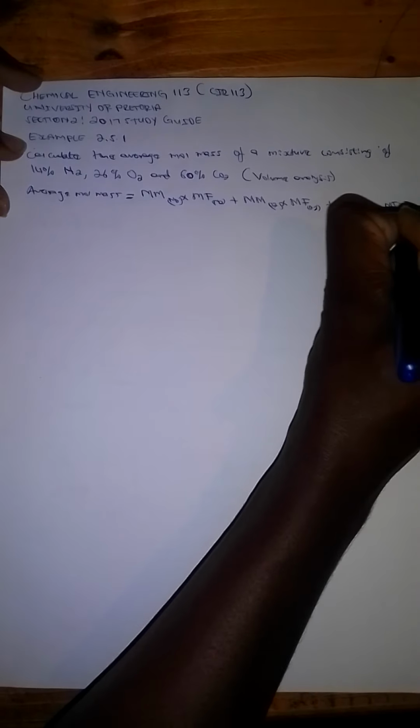It equals the molar mass of N2 multiplied by the mole fraction of N2, plus the molar mass of O2 multiplied by the mole fraction of O2, plus the molar mass of CO2 multiplied by the mole fraction of CO2.